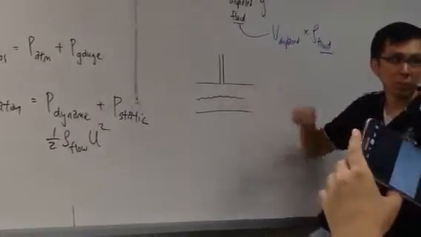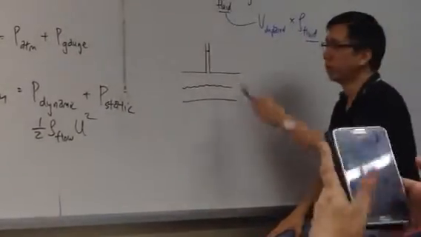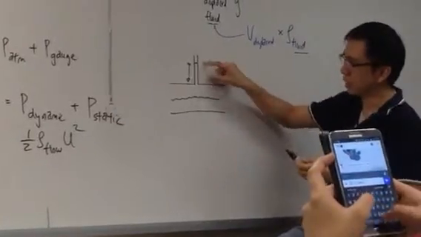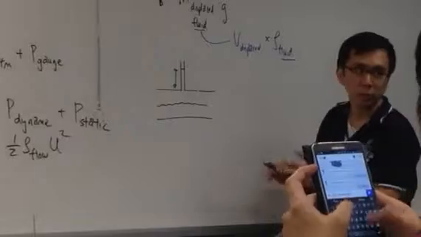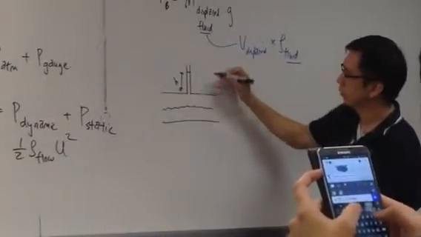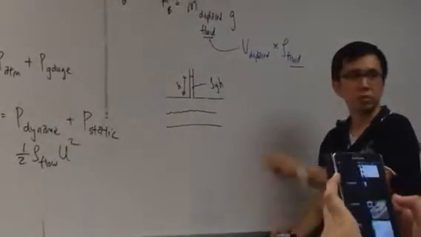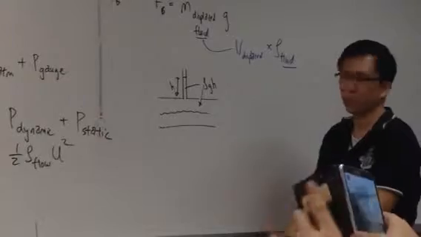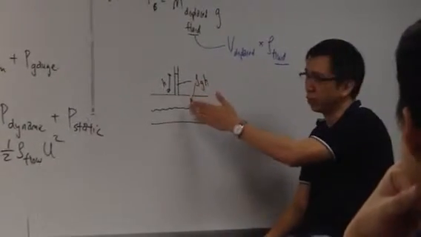It comes out, right? But it won't, the fluid will rise. So this height H is the pressure that is higher than the atmospheric pressure. This is your static pressure, rho g H, where rho is the density of this fluid.